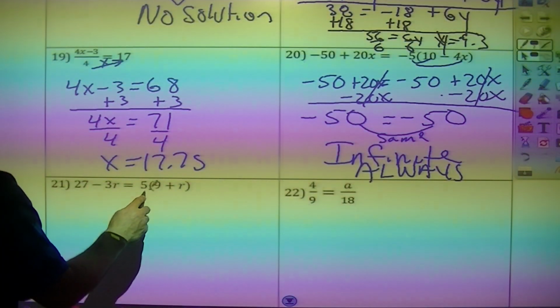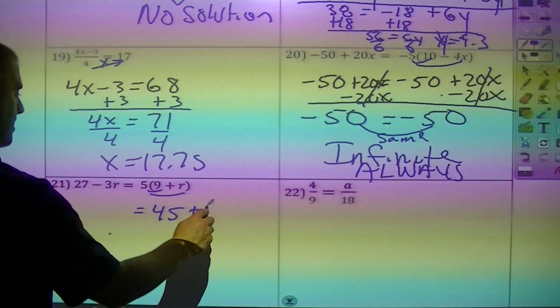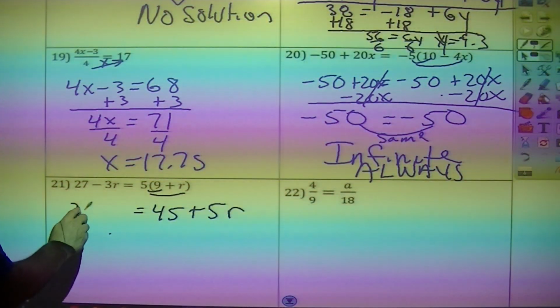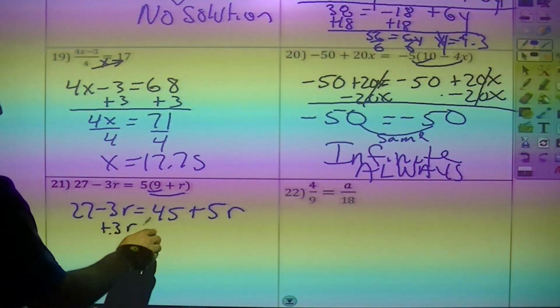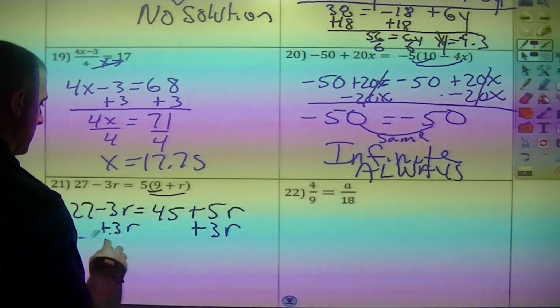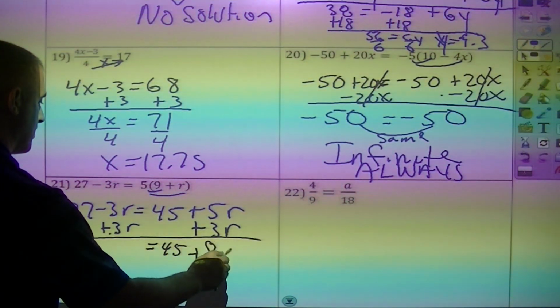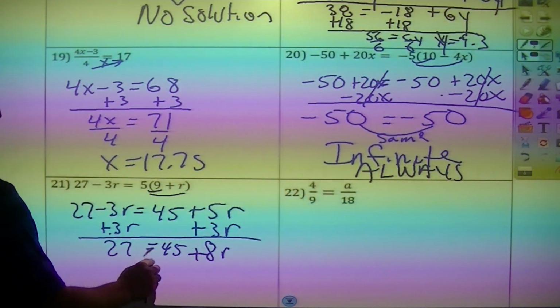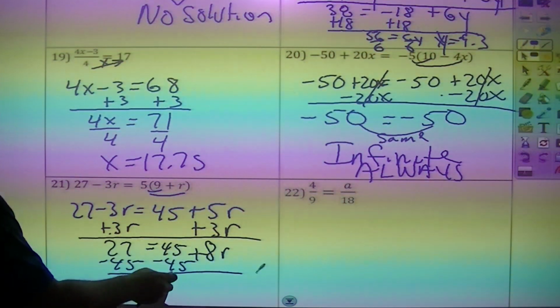Here I'm going to have to distribute. 5 times 9 is 45, and then 5r. And then I got 27. Now I would move the negative 3r by adding it. So I got 45 plus 8r, and 27. So I would have to subtract 45 because I want to get the r by itself.